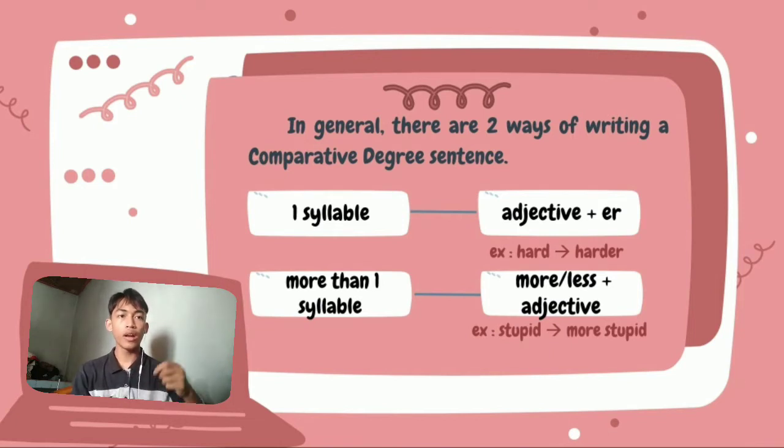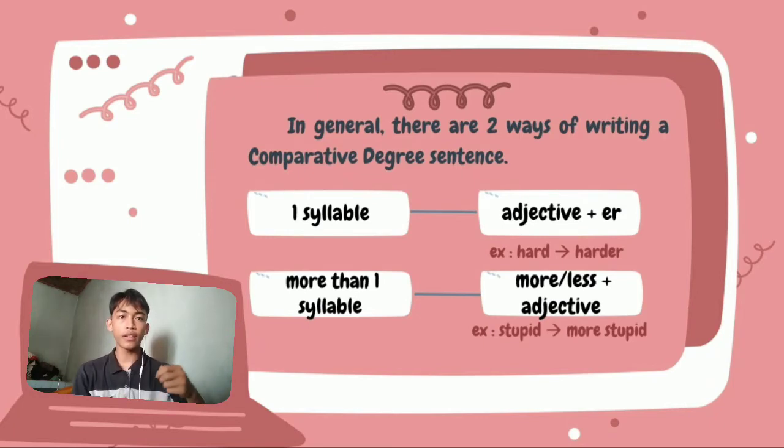Example, the word hard will become harder. The word fast will become faster. However, not all words can be added with ER. A word that can be added with ER is a word that has one syllable.